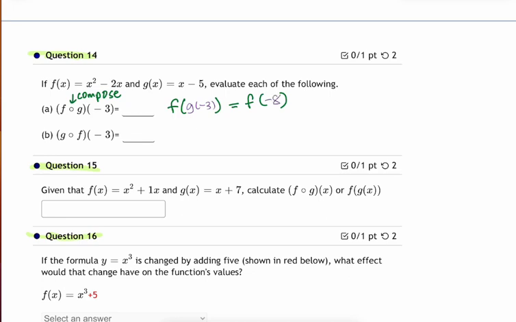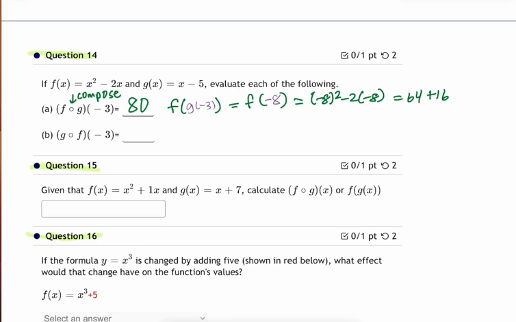And then that -8 goes into f. Now, be careful when I plug into f, I would definitely want to use parentheses because it's going to be -8 squared minus 2 times -8. -8 squared becomes a positive 64. The -2 and the -8 are sitting next to each other. Two negatives multiply together and give me a positive 16 for a total of 80.